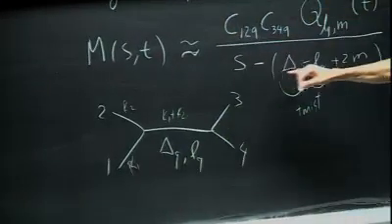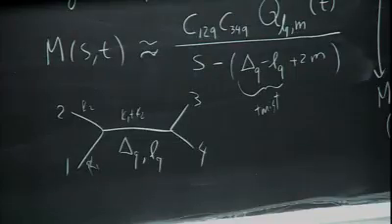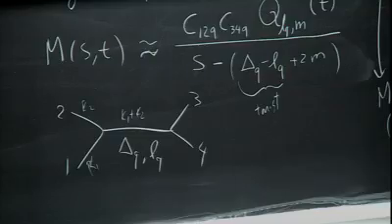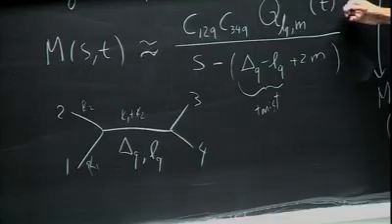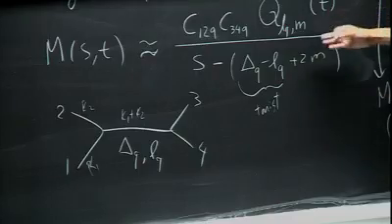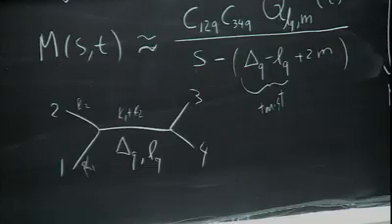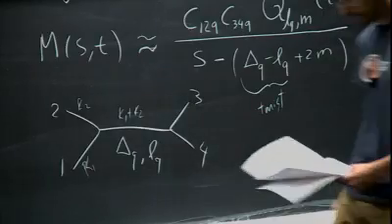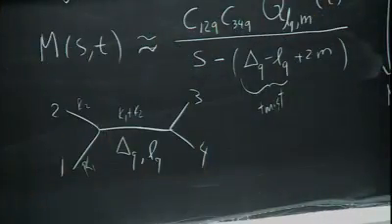And so when (k1 plus k2) squared is equal to this internal particle mass squared, you'll have a pole. And moreover, the residue scales as t, the Mandelstam, to the spin, which is also what you see in a scattering amplitude when you exchange a particle of spin L. This would be like the Legendre polynomial of the scattering angle. Any question about this?